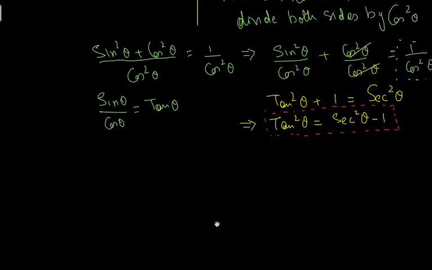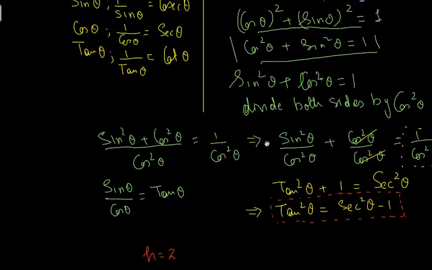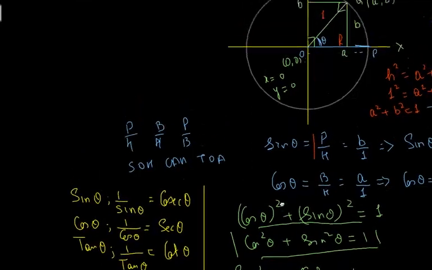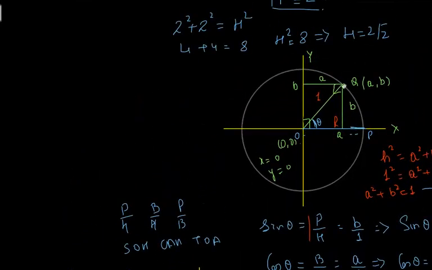What happens is that now the hypotenuse is, instead of 1, 2, and this becomes 2, right?